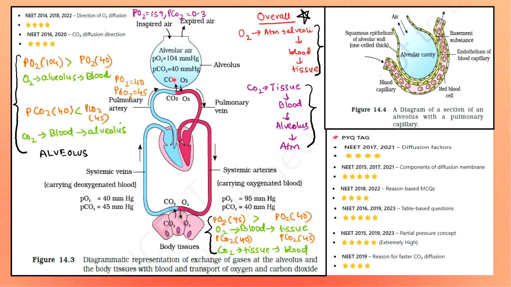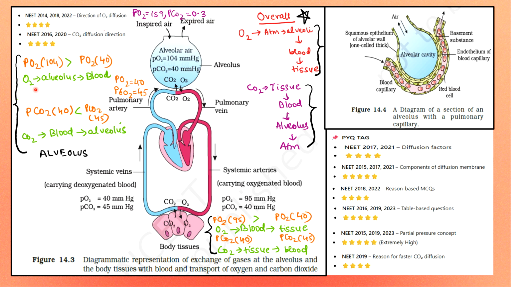Okay, now let us see. If you see the partial pressure of oxygen, in the alveolus it is 104 and blood in the capillaries will have 40. Now 104 partial pressure is more than 40, so oxygen will diffuse from the alveolus to the blood. Why?